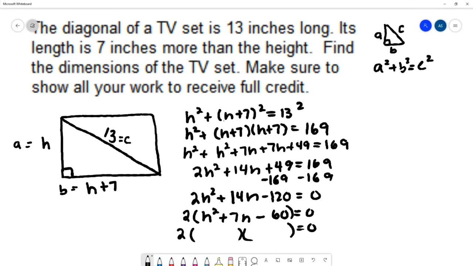I need to know the factors of 60. So 1 times 60, 2 times 30, 3 times 20, 4 times 15, 6 times 10.